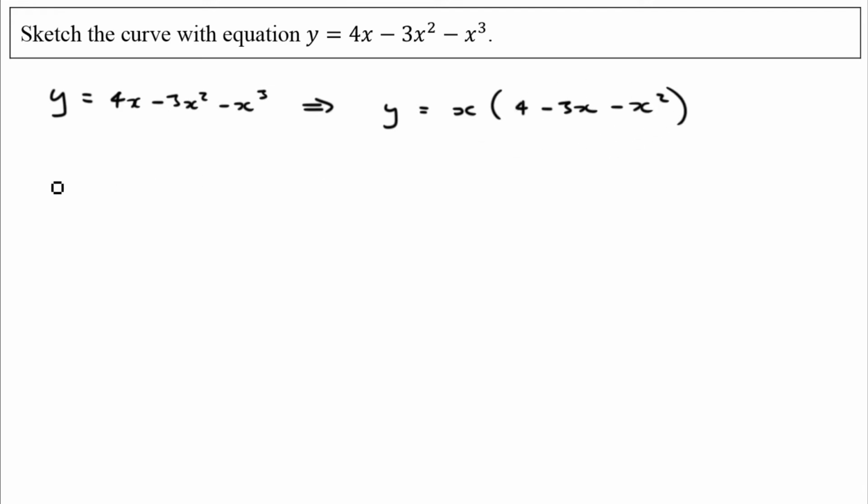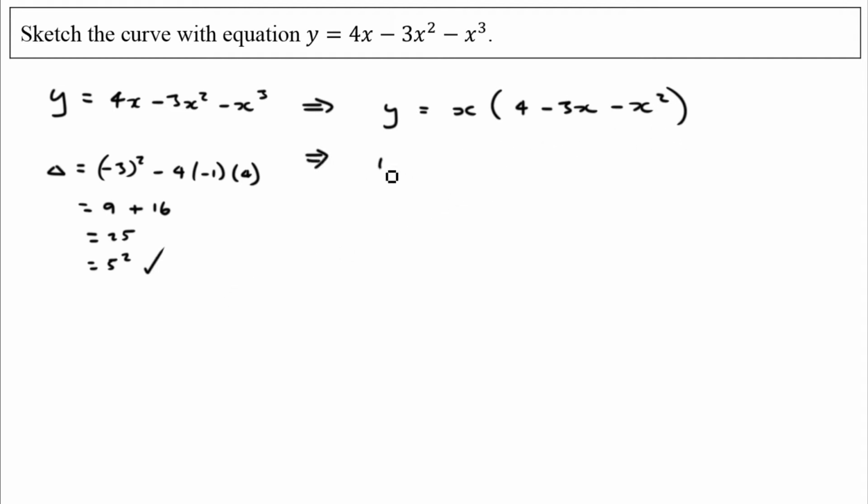I'm not quite sure if we'll be able to or not, so why don't we just quickly check its discriminant, which is negative 3 squared subtract 4 times negative 1 times 4, that is 9 plus 16, which is 25, which is 5 squared, so it's a square number, the discriminant. We will be able to factorise. Oh, I don't like the look of factorising in that form.